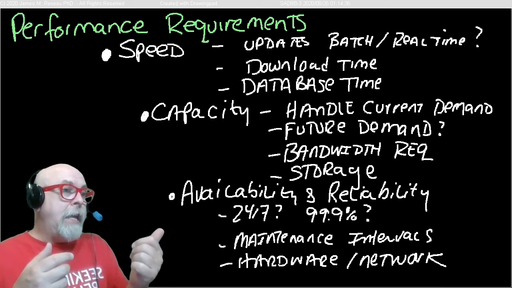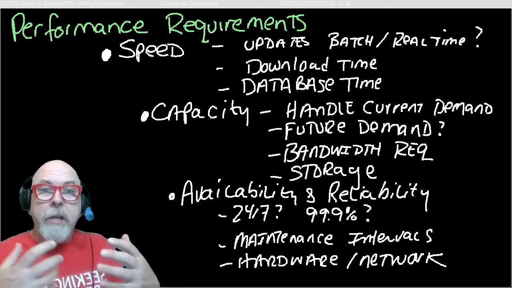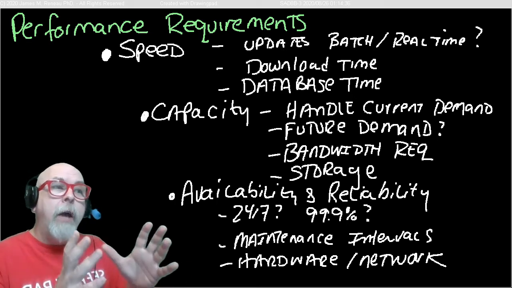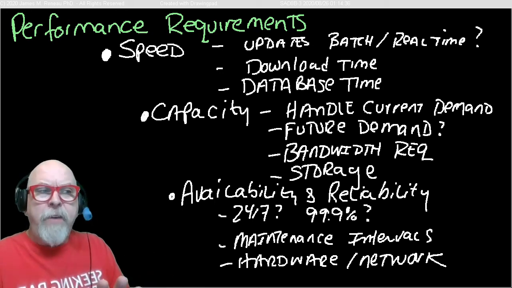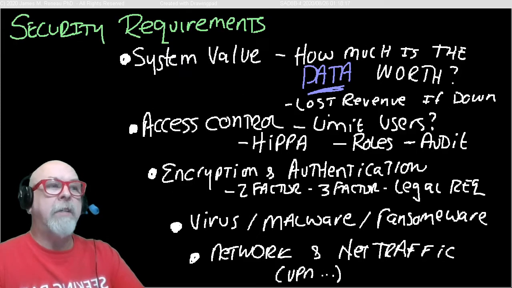If you really need 24/7, 99.9% reliability, you're going to need redundant data circuits and all kinds of things that you're going to need to, again, design into your architecture. Don't try to do this after the fact. Know these answers first, know them now.